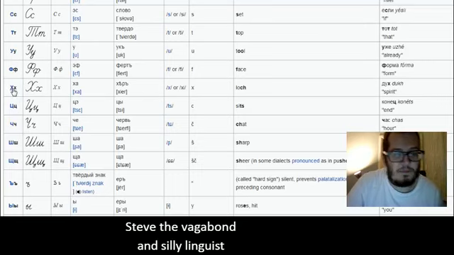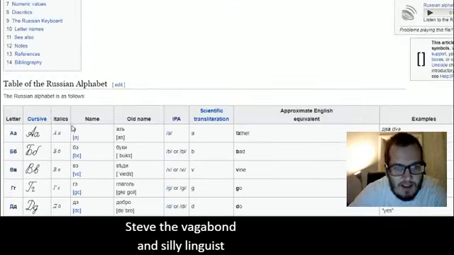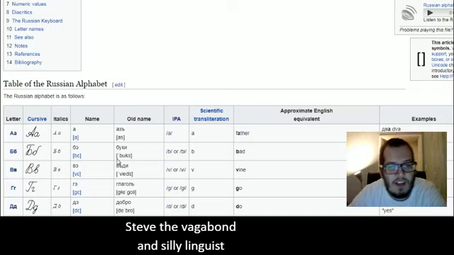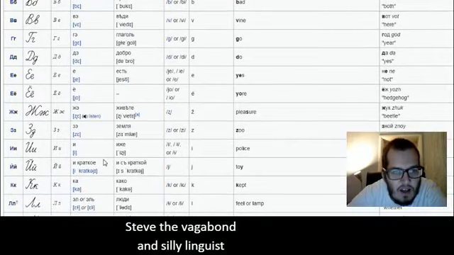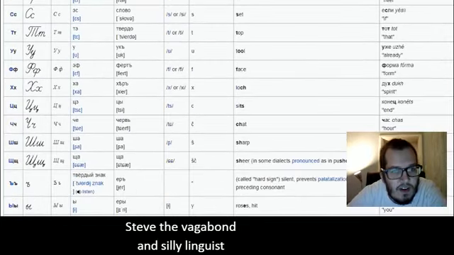Now what's interesting is that if you see this column here is the IPA. That's the name in Russian, and that's the IPA sound. Be, ve, ge, and so on. If you look here, you can see there's actually no h sound.